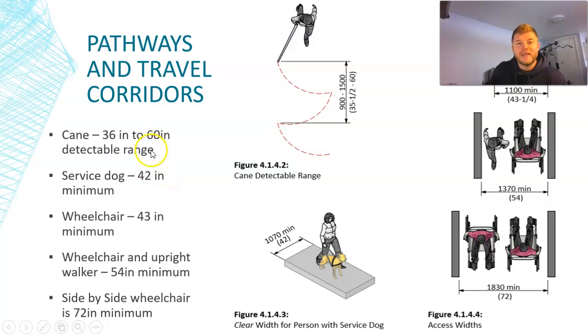So what you have to understand is that each has its own detectable range, or its own range that it requires. A cane is 30 to 60 inches of detectable range, 42 for a service dog, 43 for a wheelchair, 54 inches for a wheelchair and upright walker. That's beside each other, so it's someone that's walking by them, and someone that's wheeling by them. And then also side-by-side wheelchair is 72-inch minimum.